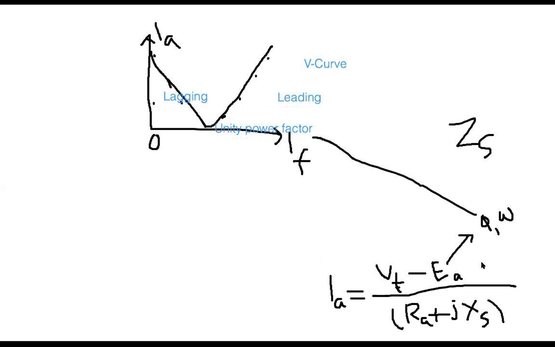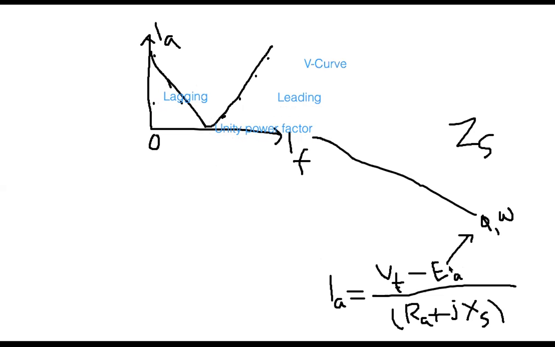This is the thing we learned a few minutes back. When Vt is equal to EA, that time current is 0. This is that point. So when Vt equals EA, what conclusion did we get a few minutes ago? That was the unity power factor, normal excitation.